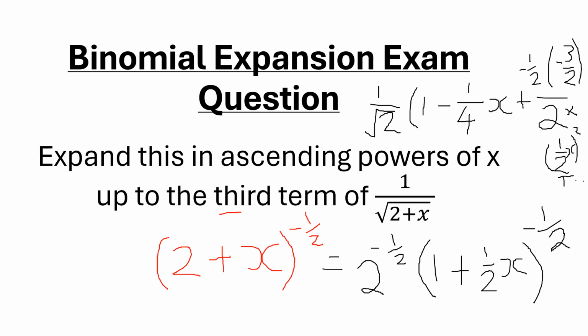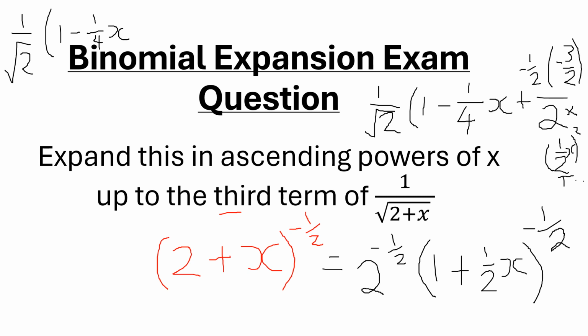I'm not going to simplify this yet, so I'll bring it over here so we have a bit more space. So I'm going to have 1 over root 2 brackets 1 subtract a quarter x. And then I'm going to simplify this. So I'm going to have 3 quarters there, plus 3 quarters over 2, so that'll be 3/8.